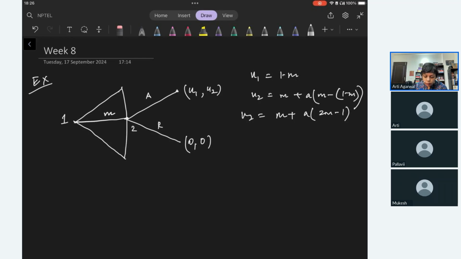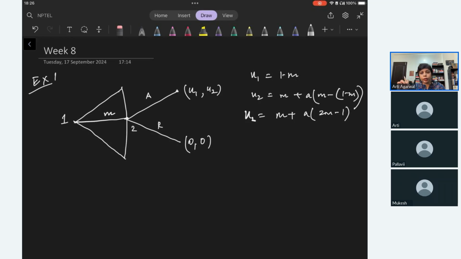This is the function for u2. Now this is all there is to the game. So now we are asked to find what the subgame perfect equilibrium is going to be, and also what happens if the parameter a is very large. What do we mean by a being very large? It means that player 2 is giving a lot of emphasis to the relative quantity he's getting versus the absolute quantity.